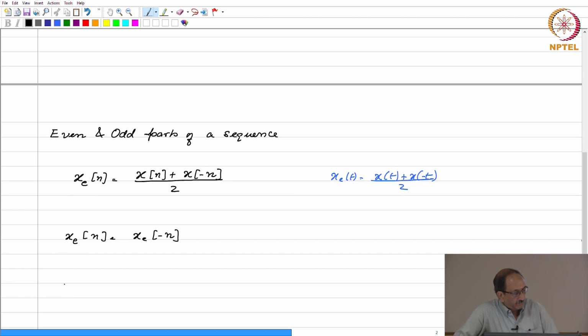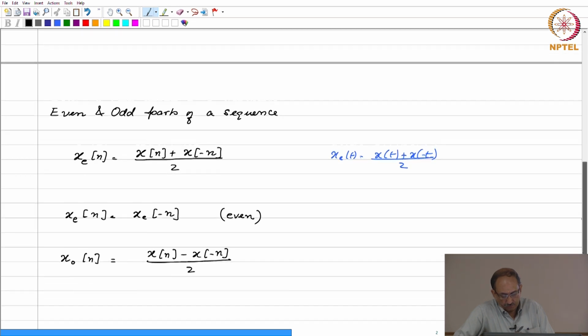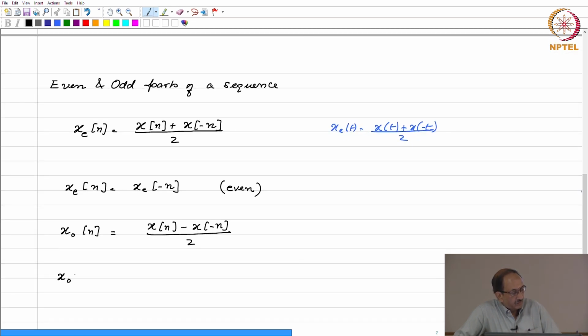And similarly, x_o of n is given by x of n minus x of minus n by 2, and it is easy to see that x of minus n is minus x of n, and this is the odd part of the given sequence x of n.